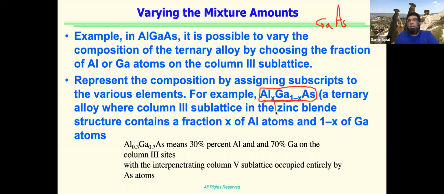And then if you write, for example, this thing, that will tell me right away that there is 30% aluminum, 70% gallium, and they both are from group 3, and then an equal amount of these two combined is group 5, which is arsenic.